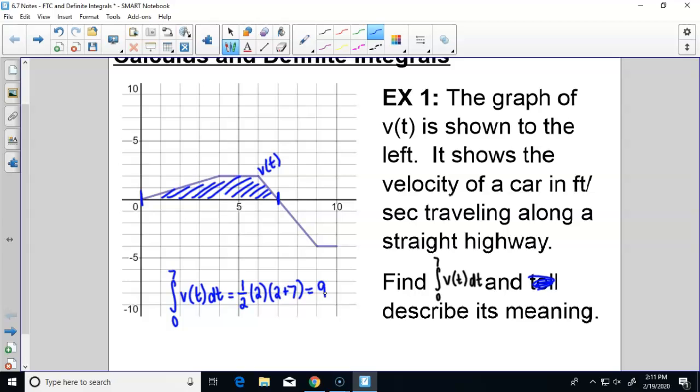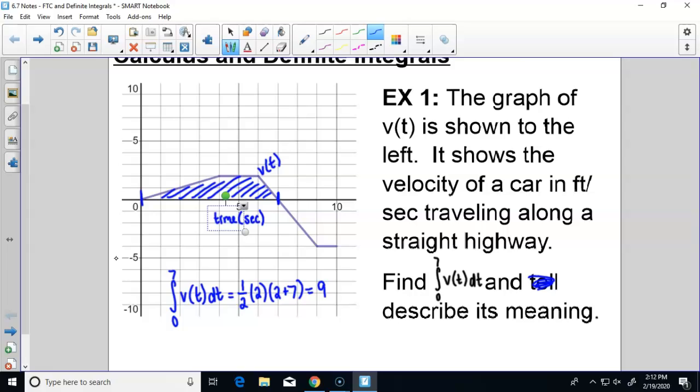Okay, so let's label a couple things here. The x-axis here, that would be our time. And what is our time measured in? Seconds. So this is time in seconds. What would the y-axis be measured in?